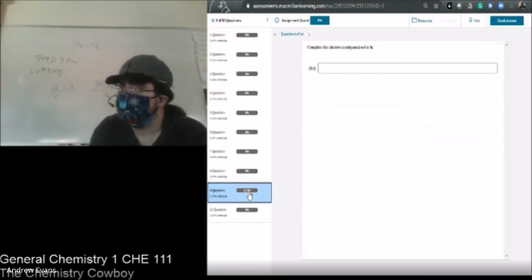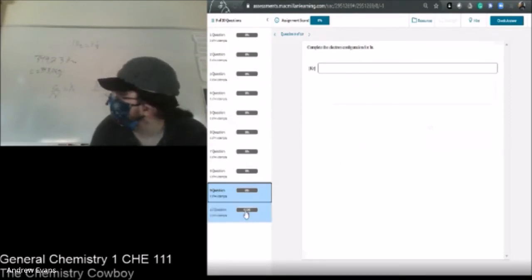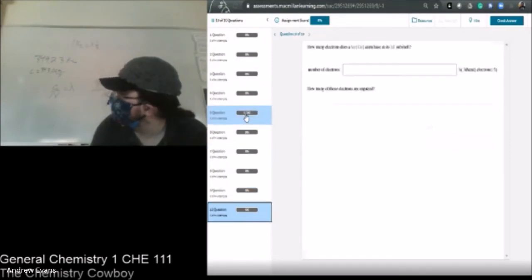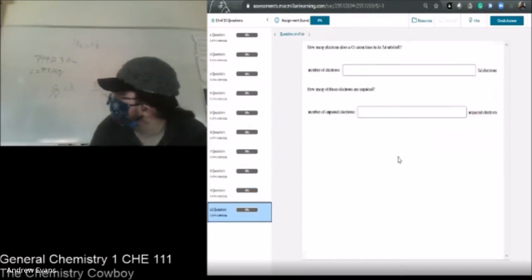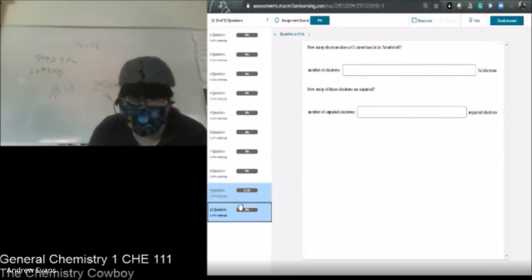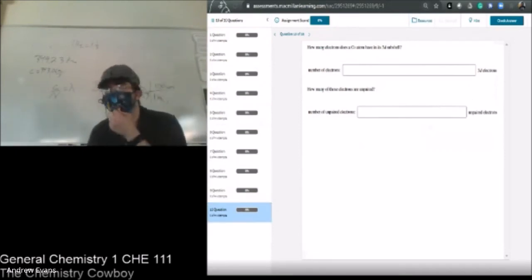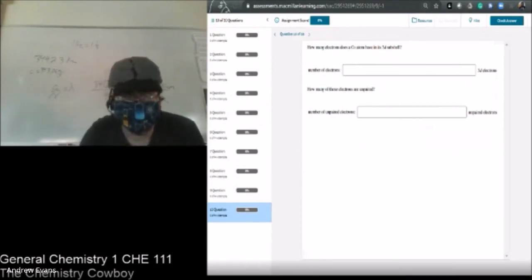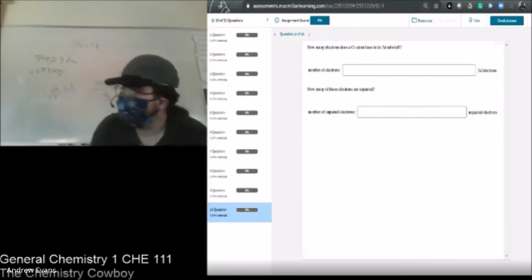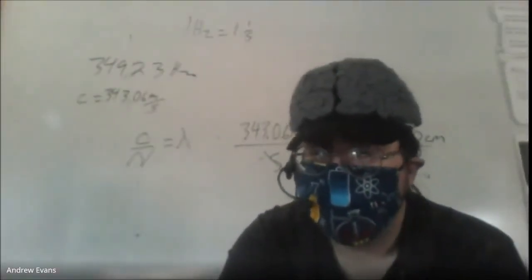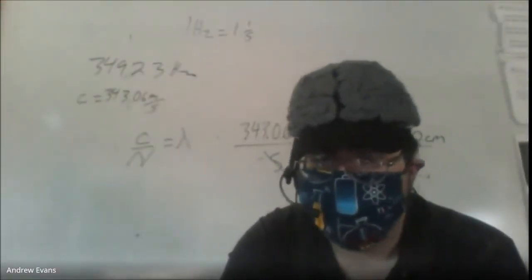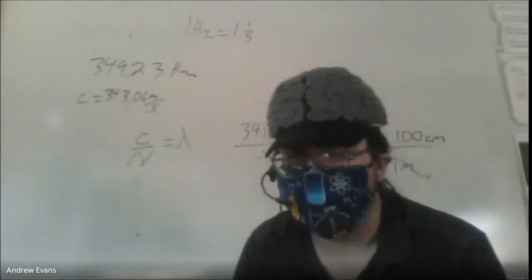You would have to put the energy level diagram, put the electrons in, pair as many up as you have, and then see how many are actually paired and unpaired. That would be a perfectly reasonable question to ask on the test. But there's only 10 questions on this homework assignment. So utilize this as a chance to get that done. I'm not asking much.